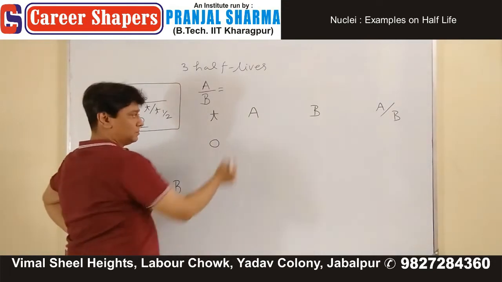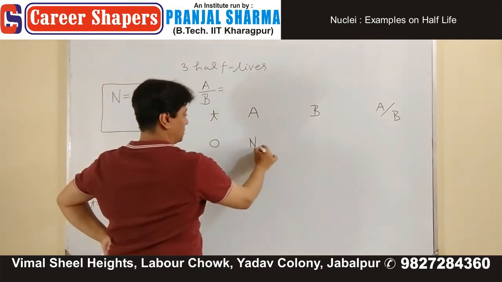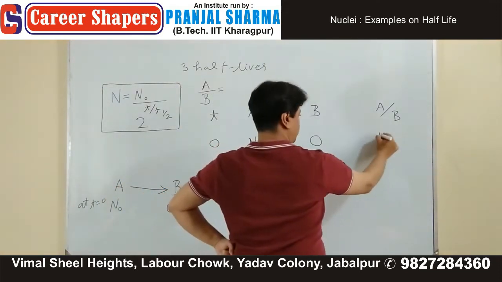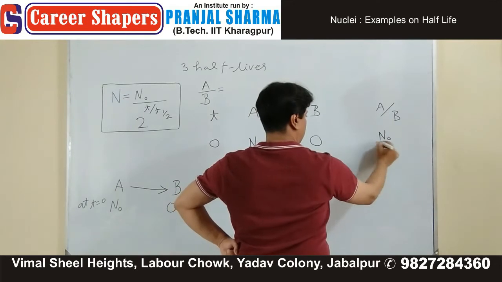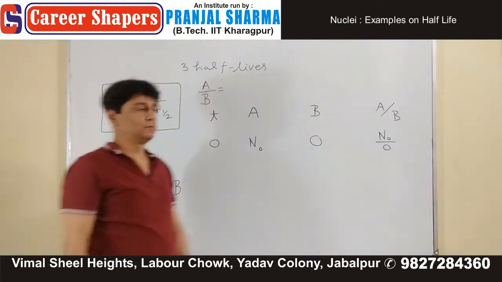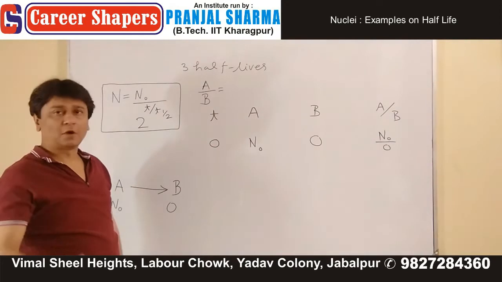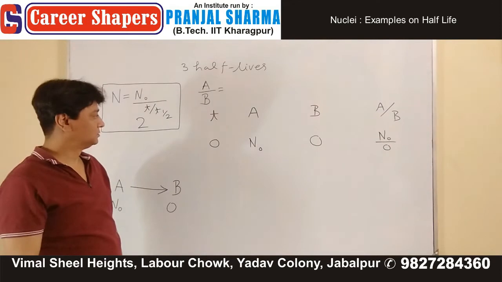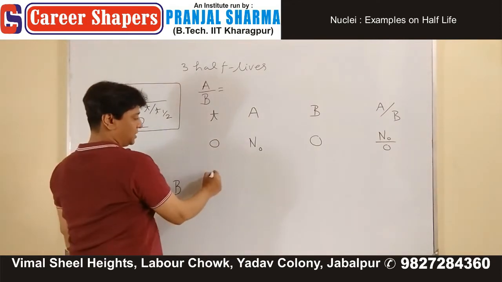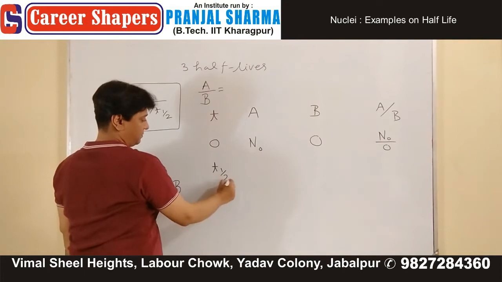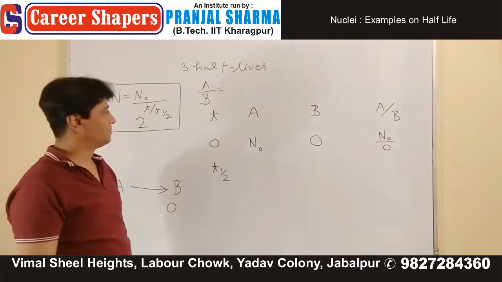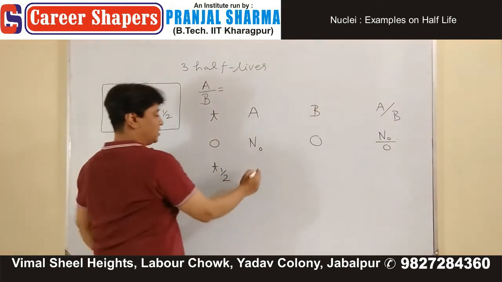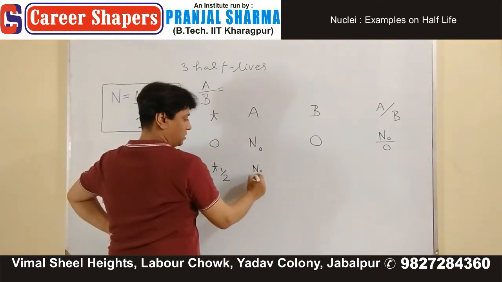At t equals 0, A is N naught, B is not present. So the ratio is coming N naught upon 0. You can call it infinite. It's not defined. We are not interested in that part. After 1 half-life, t half. Half-life means this N naught becomes N naught by 2.